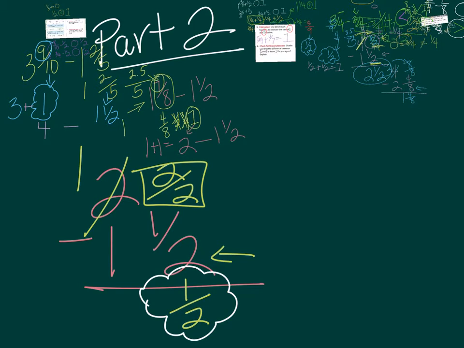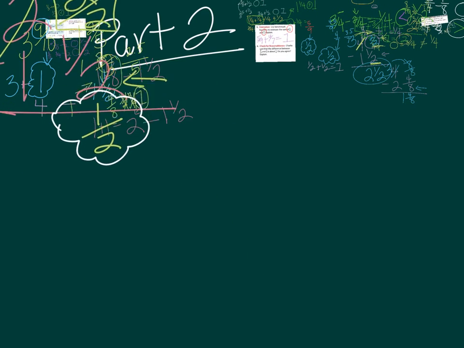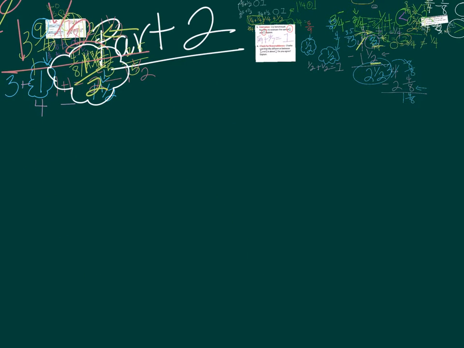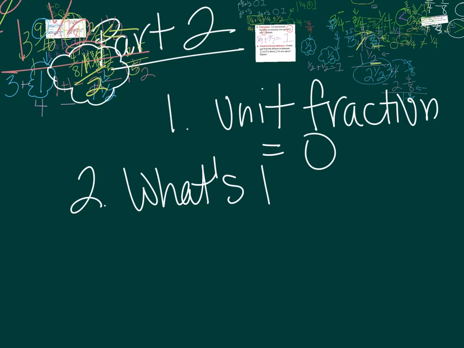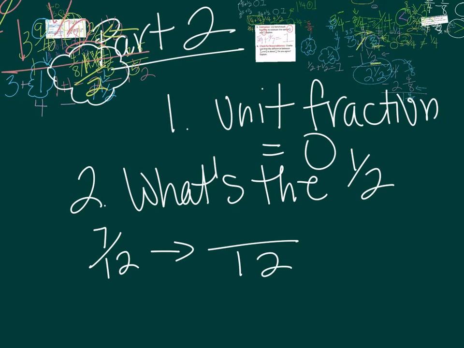So the easy steps that I want you to remember when you're estimating any fractions: step 1 is I want you to figure out, is it a unit fraction? And if it's a unit fraction, I want you to think of it as 0, close to 0. The second thing I want you to check is what's the half? So if your fraction is 7/12, you're going to think, well, half of 12 is 6, and this is greater than the half.